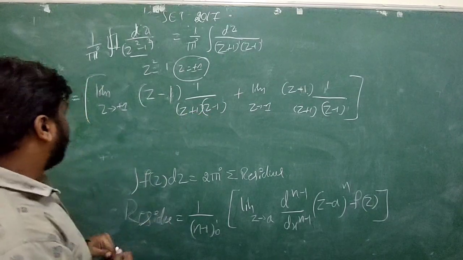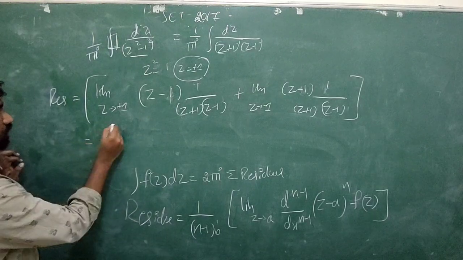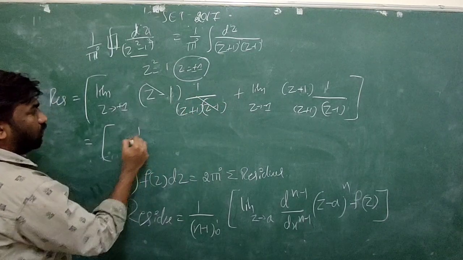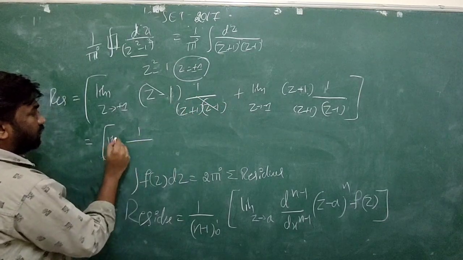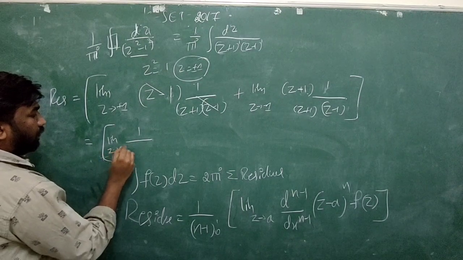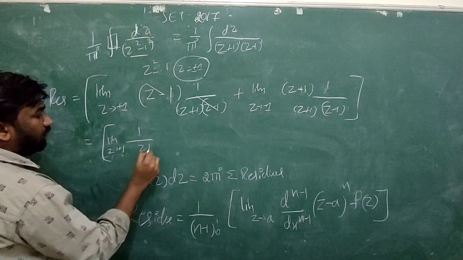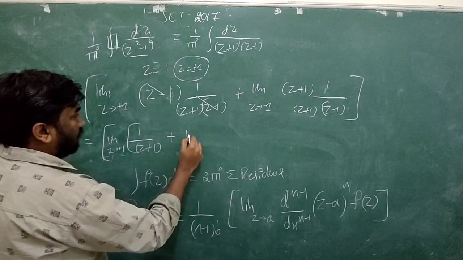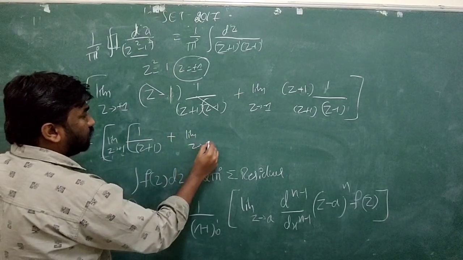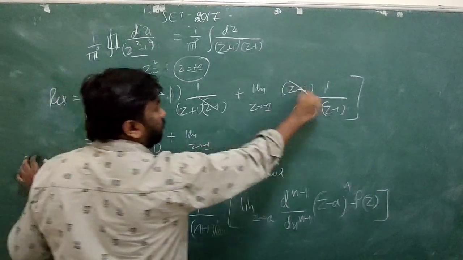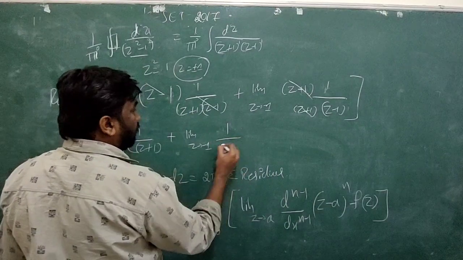So that's why, z minus 1 cancels, 1 divided by limit z tends to plus 1 into 1 by z plus 1, plus limit z tends to minus 1, z plus 1 and z plus 1 cancel, 1 divided by z minus 1.